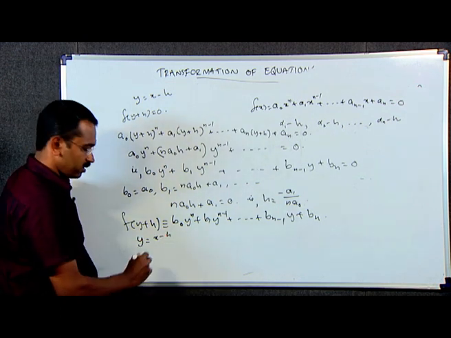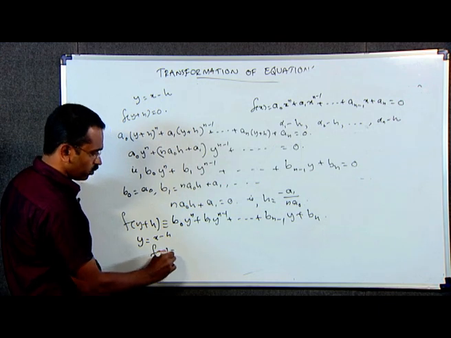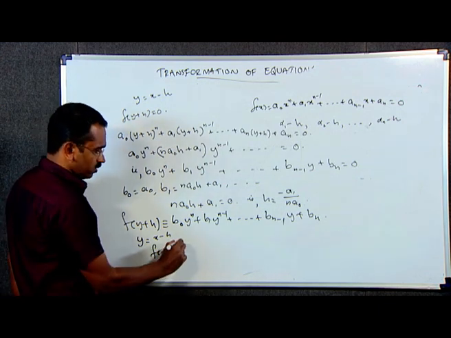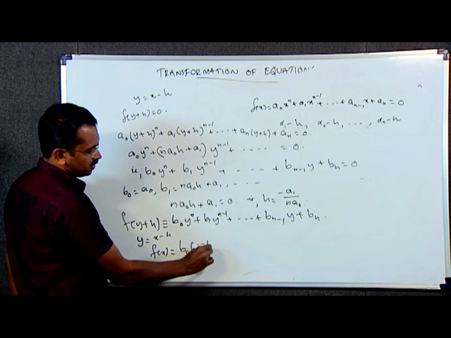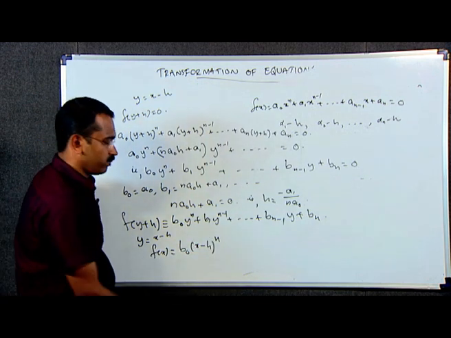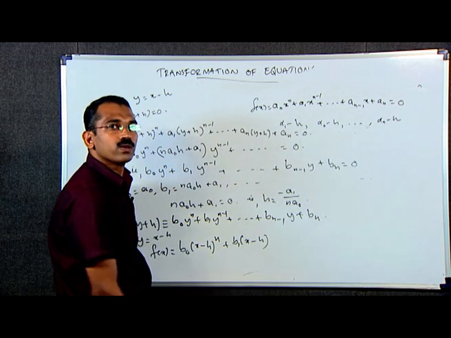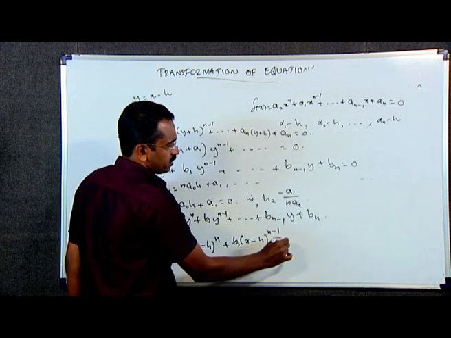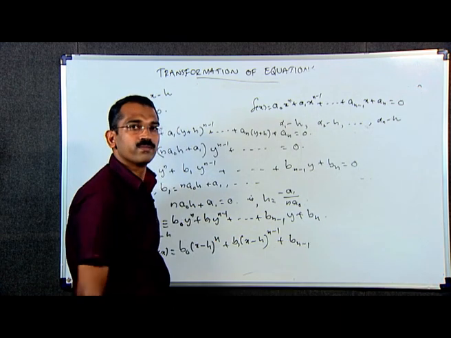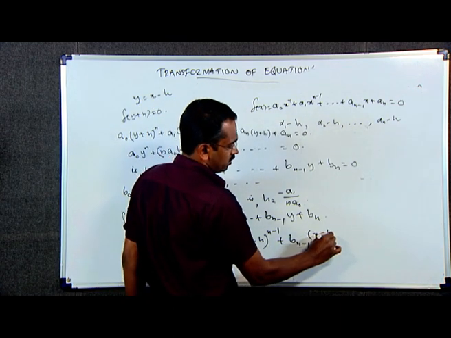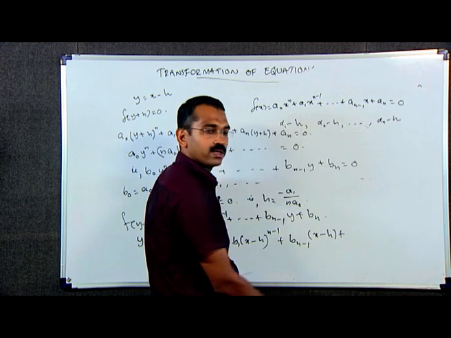Then we will get f of x is equal to b naught into x minus h raised to n plus b 1 into x minus h raised to n minus 1 plus b n minus 1 into x minus h plus bn.